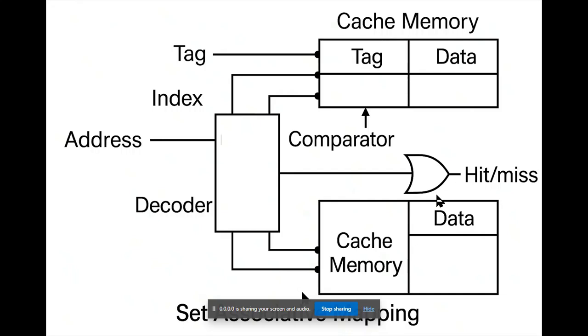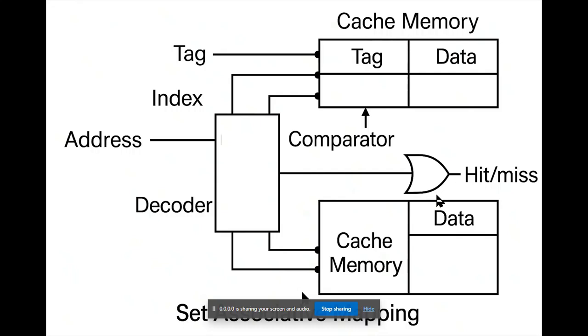The valid bit indicates whether the data in a block is usable. The comparators determine the tag matches. They compare incoming tags from the CPU address with the tags stored in each block of the selected set. Also, we have the data block, which contains the actual cache line data fetched from the memory. This is what the CPU wants to retrieve. We have the multiplexer, which routes the correct block data to the CPU when a hit occurs.